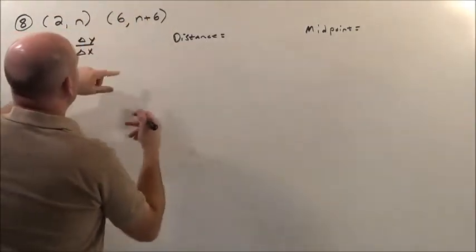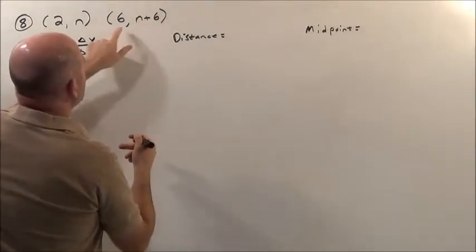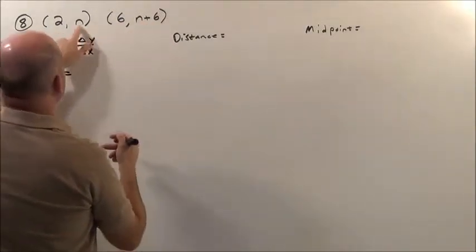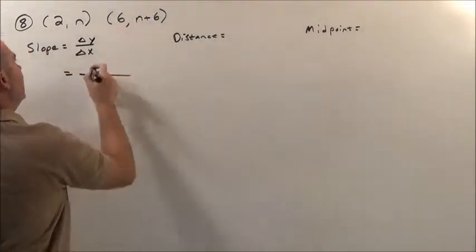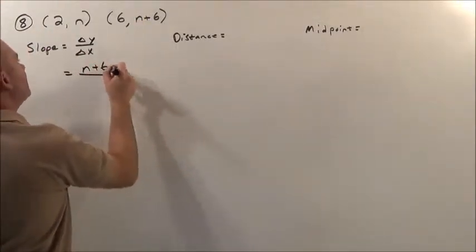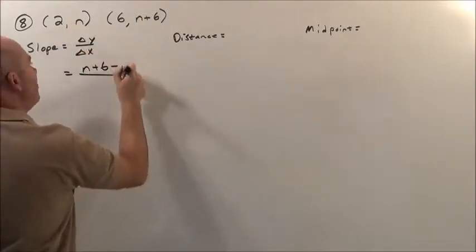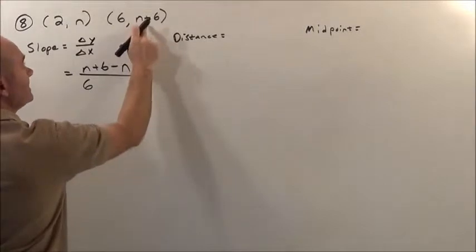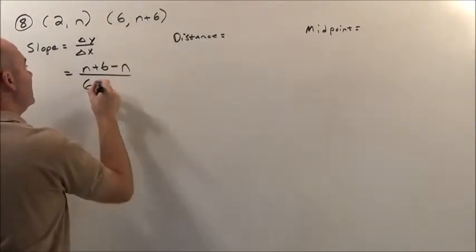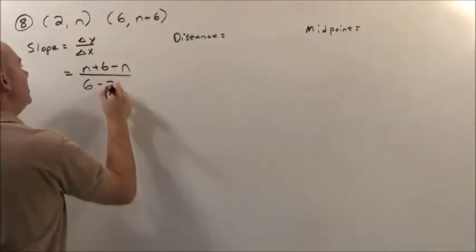Doesn't matter, but whichever y I start with, I have to start with that x on the bottom. So I'm going to start with n plus 6, and then subtract that guy's y value, n. Now the x, I have to start with the 6, since I started with that y: 6 minus the 2.